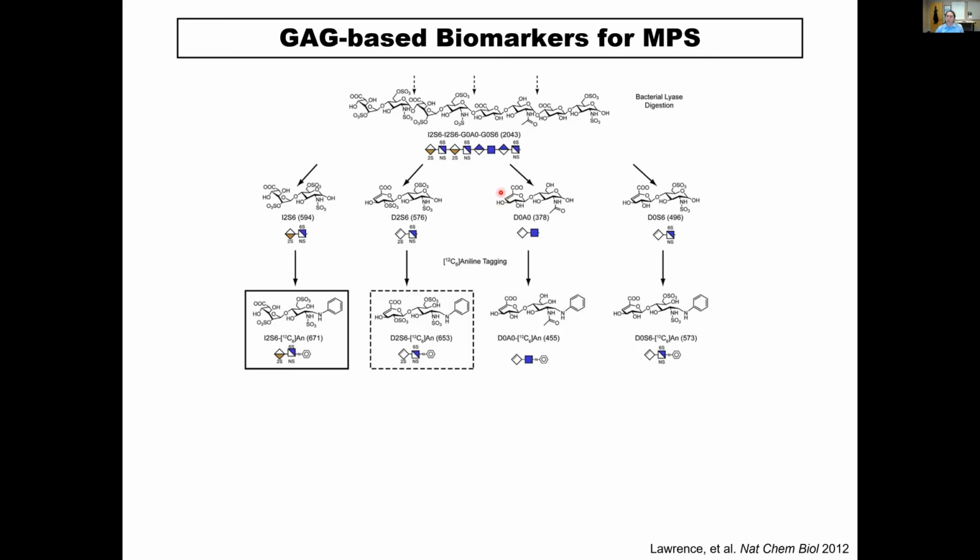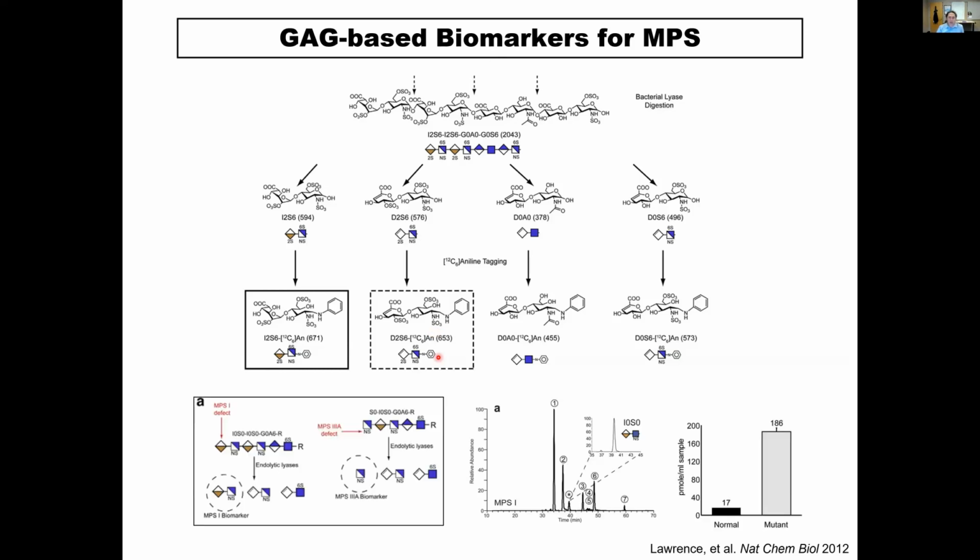And then we can use these as standards by tagging them, for instance, with isotopically labeled molecules such as aniline. And this allows us to detect our standards compared to our patient disaccharides as well.